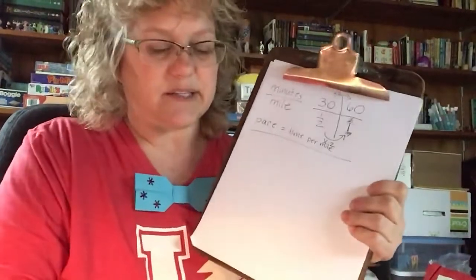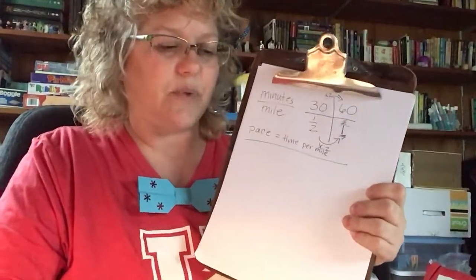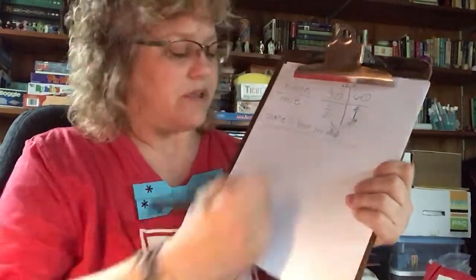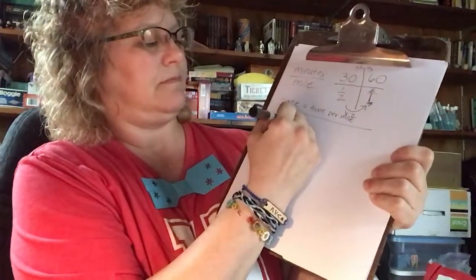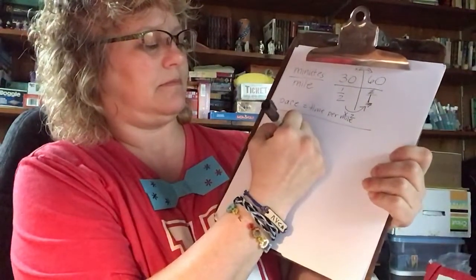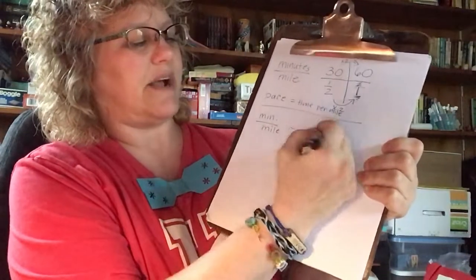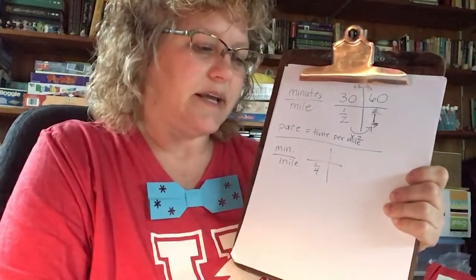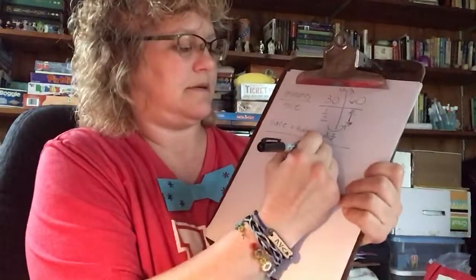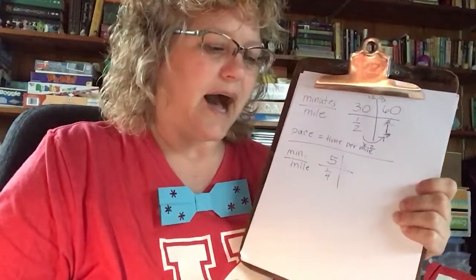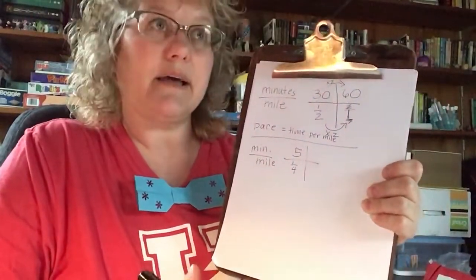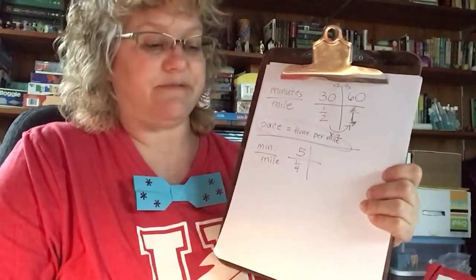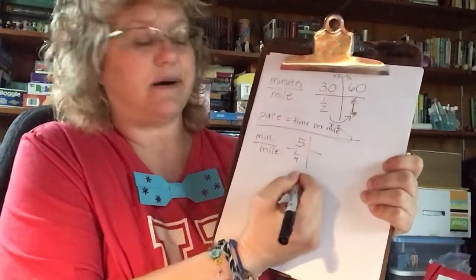So let's think about these next ones, and I think you'll see that this is pretty quick. You're going to figure this out. If a student walked 1/4 of a mile, I'm going to plug this information into a chart already. 1/4 of a mile in 5 minutes, how fast was she walking? Again, what was the pace per mile? That's what I need to figure out. Here we only have 1/4 of a mile.